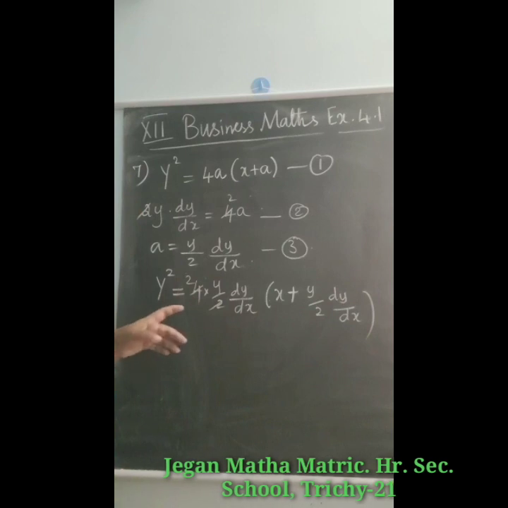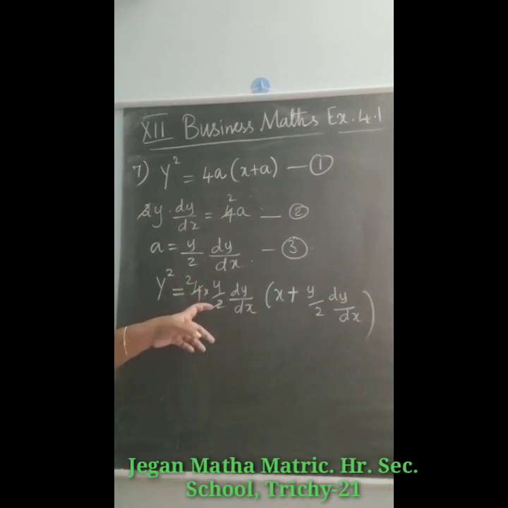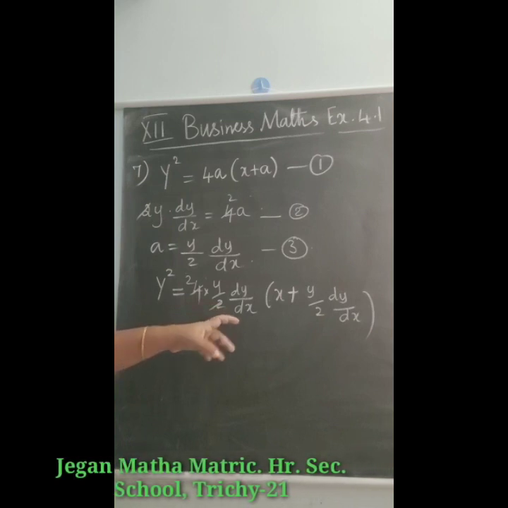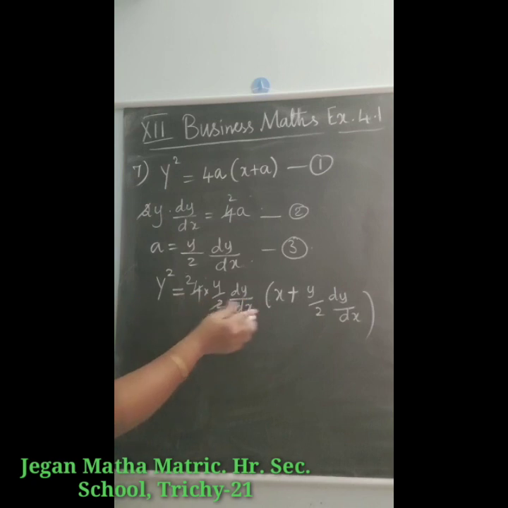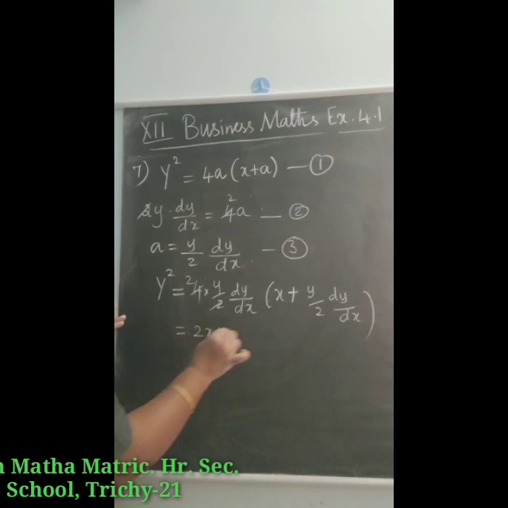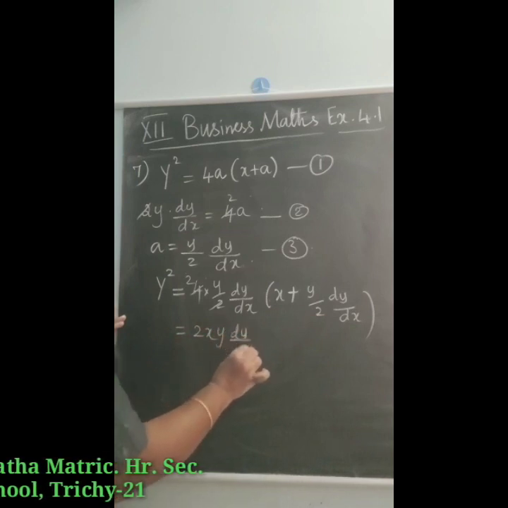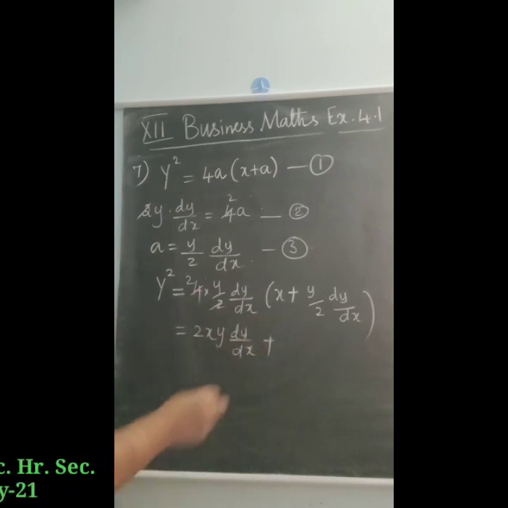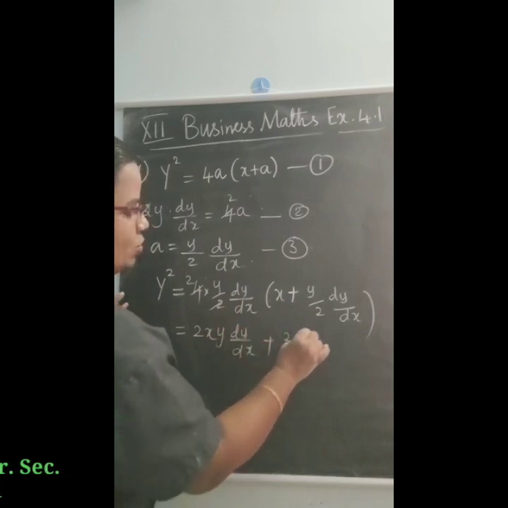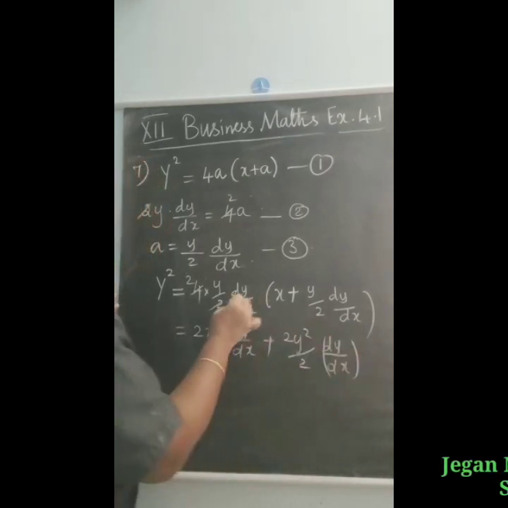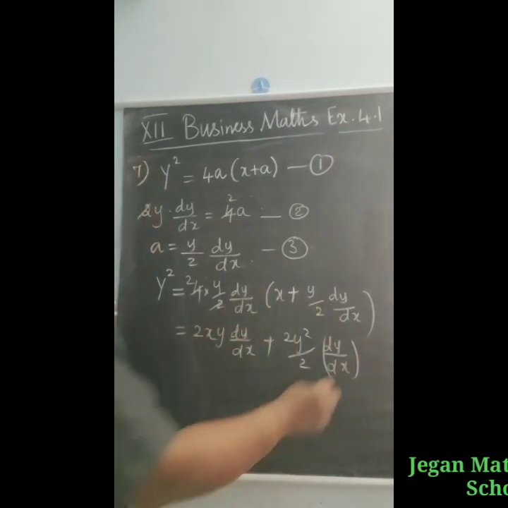So 2y into dy by dx, and then you have to multiply with the two terms. We will get 2xy into dy by dx plus, multiplying this 2y, the 2 cancels, so 2y squared by 2 into dy by dx the whole squared.